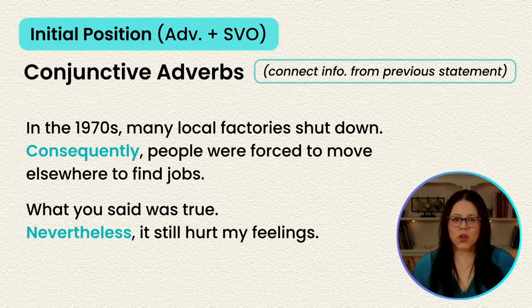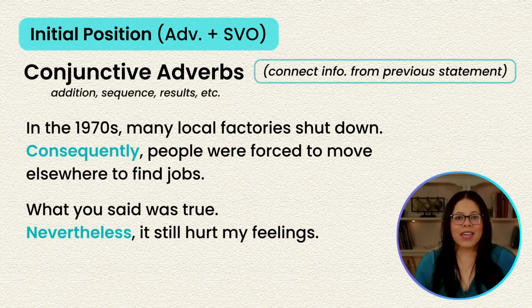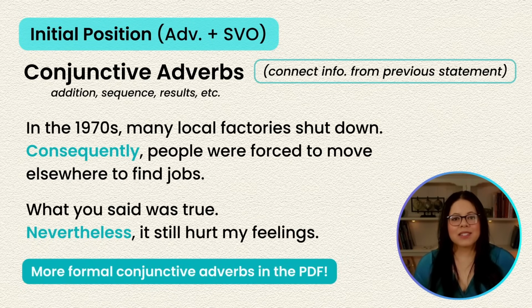Nevertheless, it still hurt my feelings. Conjunctive adverbs are used for many reasons, to show addition, sequence, results, etc. If you're studying for an exam like the IELTS, TOEIC, or TOEFL, then these are great adverbs to study. I've included a list of more formal conjunctive adverbs in the PDF.